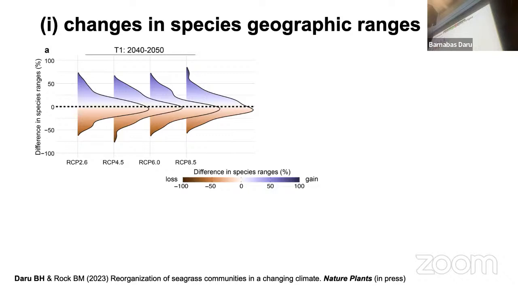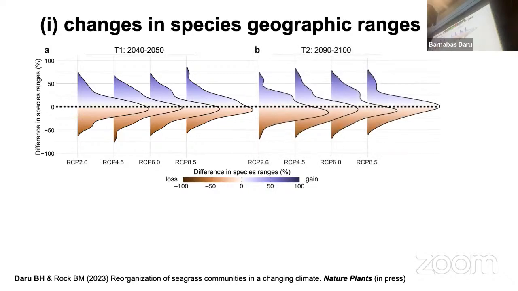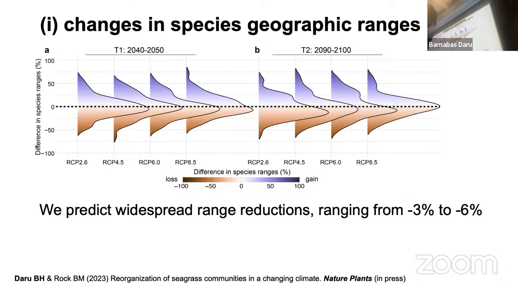And so we map this for the year 2050, and we contrasted that also to the end of century scenario in 2100. And so when we did that for all seagrass species, we found that there will be widespread range reductions in seagrass ranges varying from about 3 to 6%.